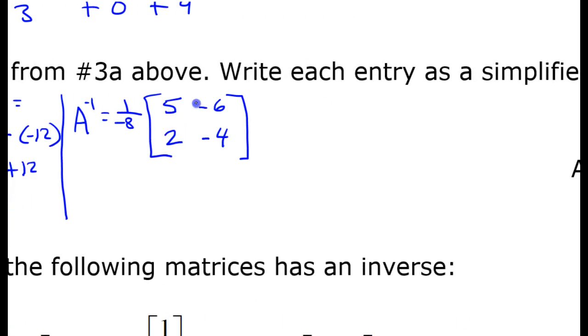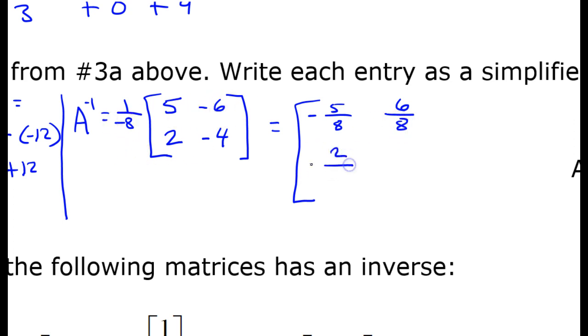So I just need to multiply all of these by -1/8. That's going to give me -5/8 and +6/8. A negative times a negative is a positive.